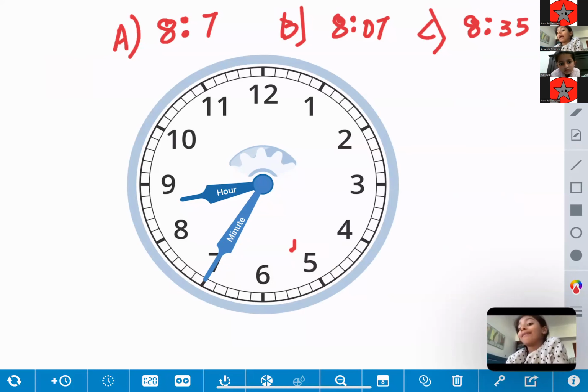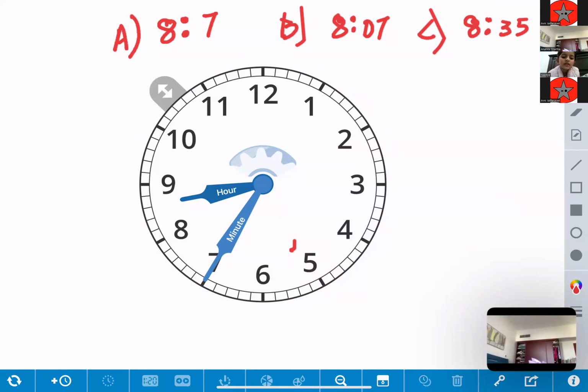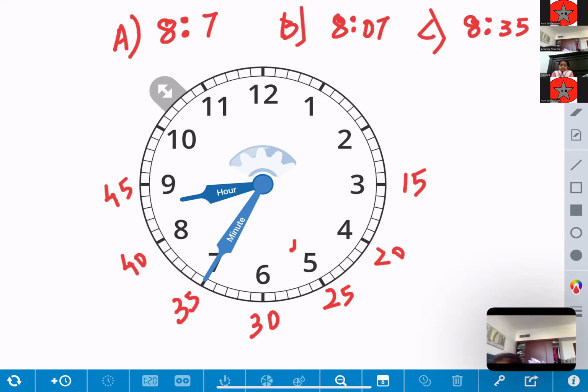Okay? So we have to learn that 1 is 5, 2 is 10, 3 is 15, 4 is 20, 5 is 25, 6 is 30, 7 is 35, 40, 45, 50, 55, 60.